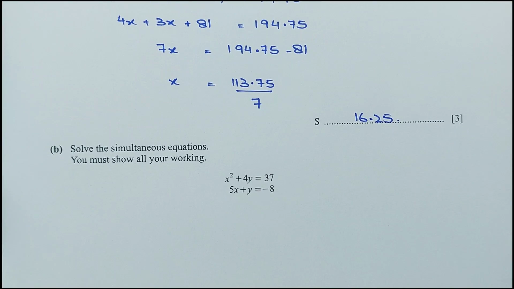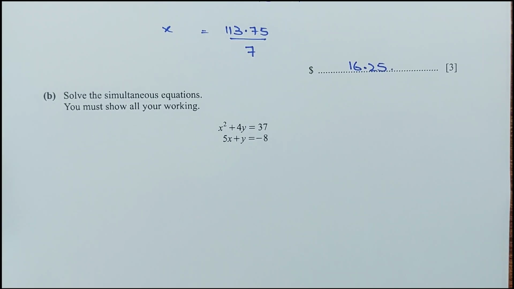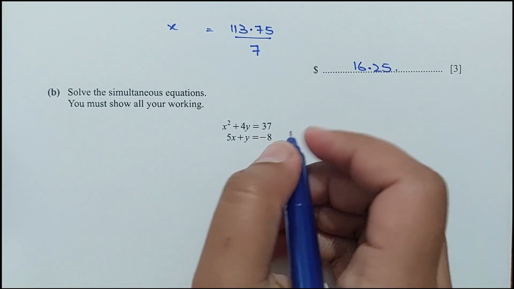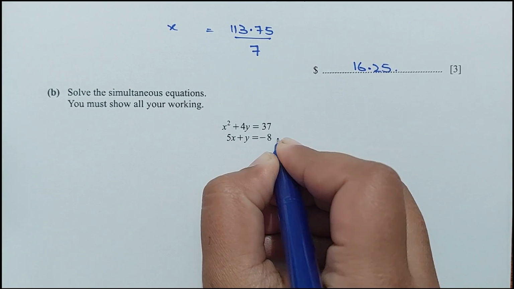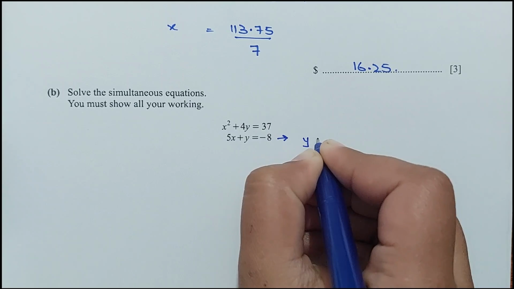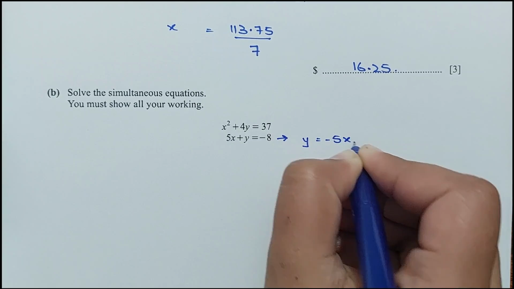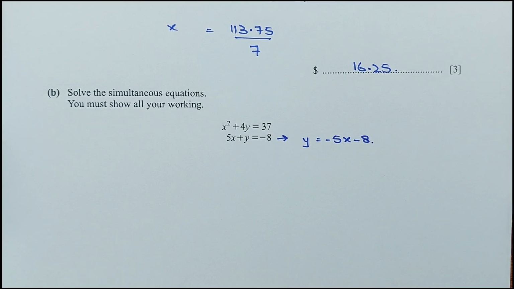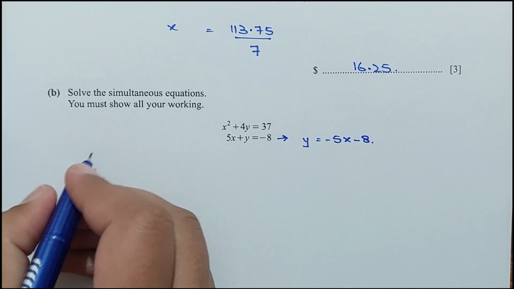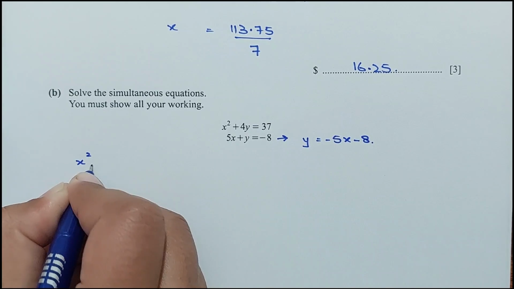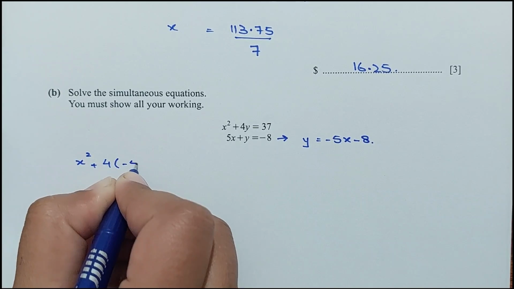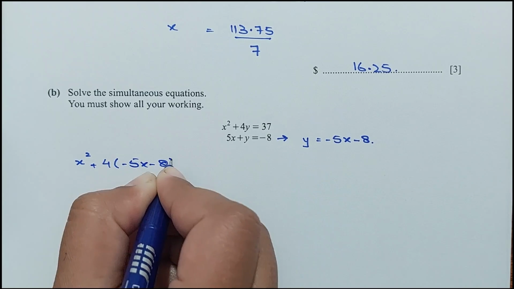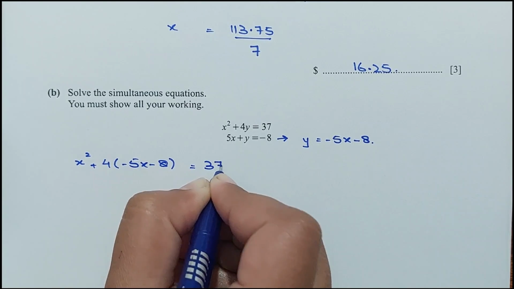Now for part B, solve the simultaneous equations. You must show all your working. From the second equation, y equals minus 5x minus 8. Let me substitute the y value into the first equation: x squared plus 4 times y equals 37.